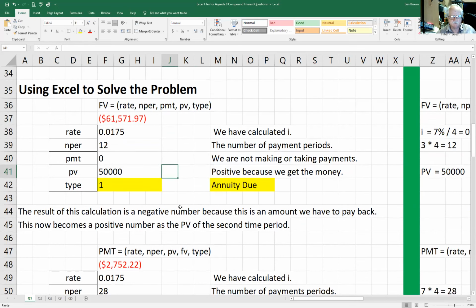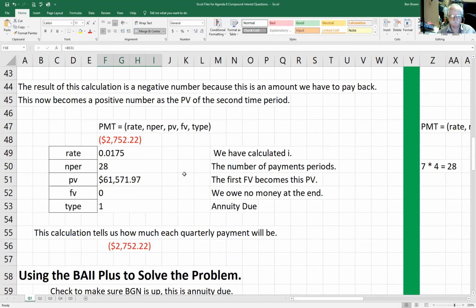And notice this one here, the rate was just dealing with I, because it's not a compound interest question. This one is too, because it's not a general annuity. It's just a simple annuity. So they're both dealing with I. That's good.